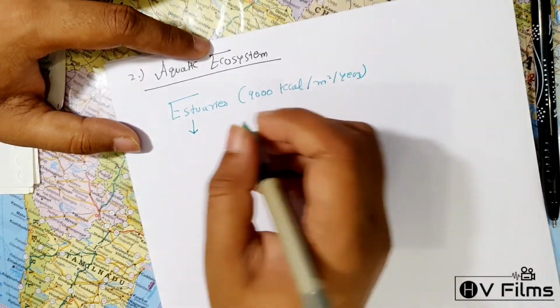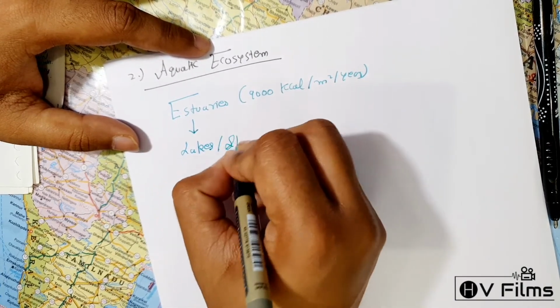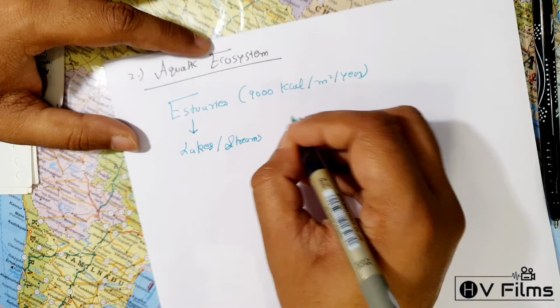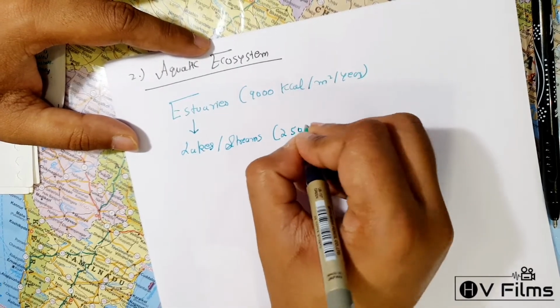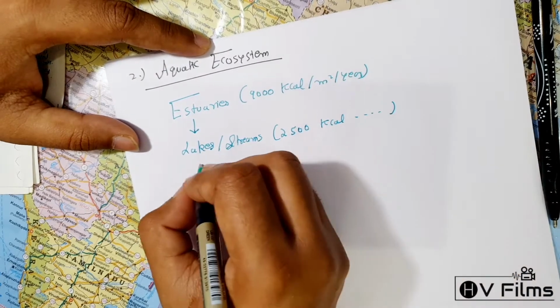Then it is the lakes, or you can say streams also. This is around 2500 kilocalories per meter square per year.